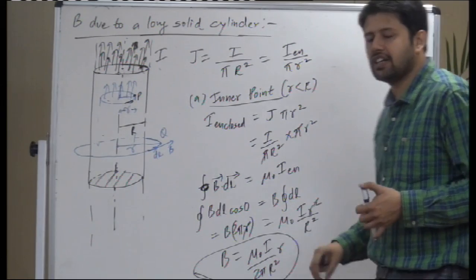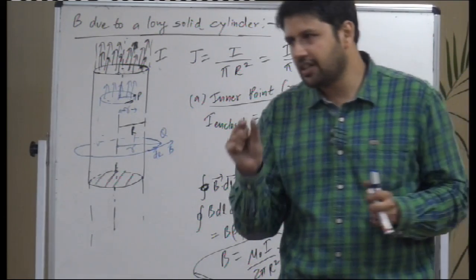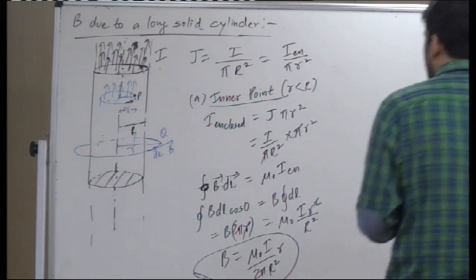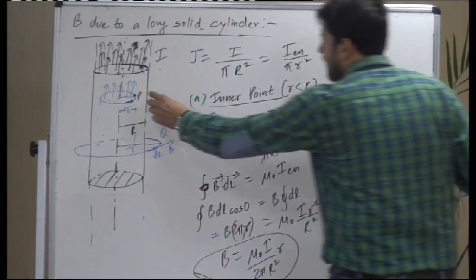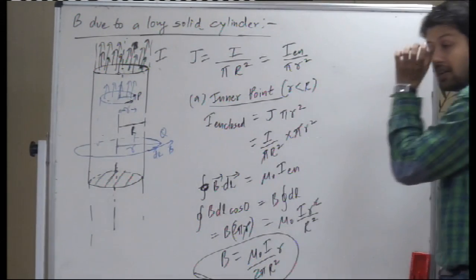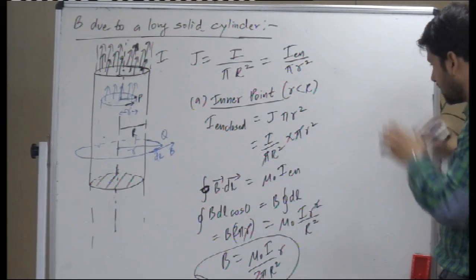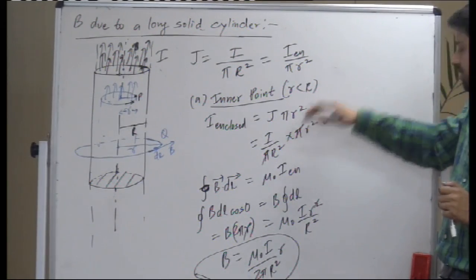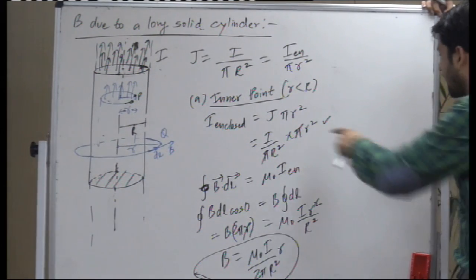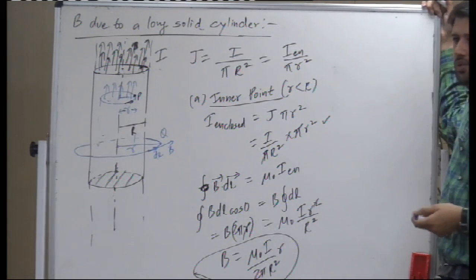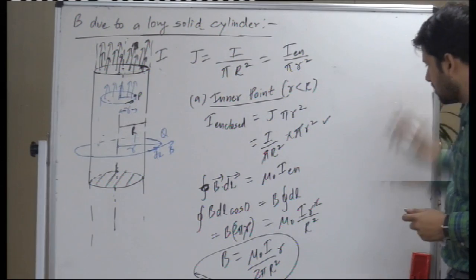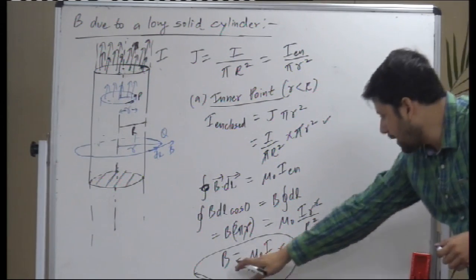We integrate dl. dl is the length of a small element, so we keep adding dl and we get the total length of the loop, which is 2 pi r. And we just calculated the enclosed current to be I r square upon R square, pi cancelled. So the magnetic field is this.